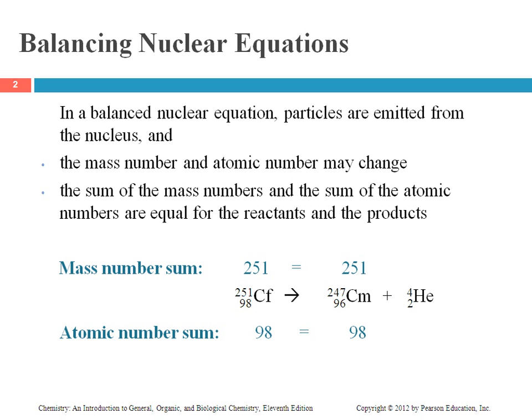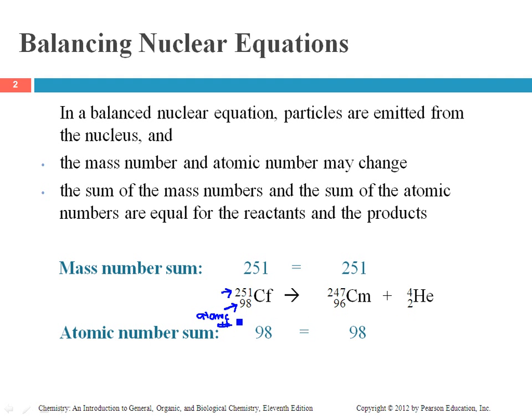So if we look here, we want to remember that our mass number is... Okay, the mass number is this number here, so it's this superscript, and this number here is the atomic number.